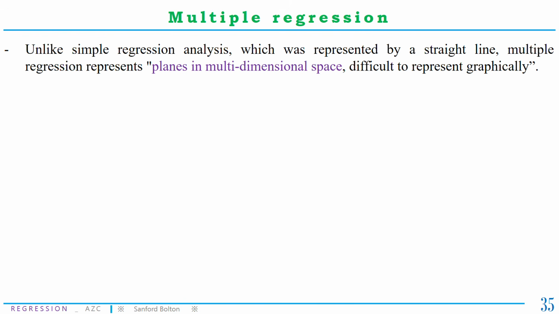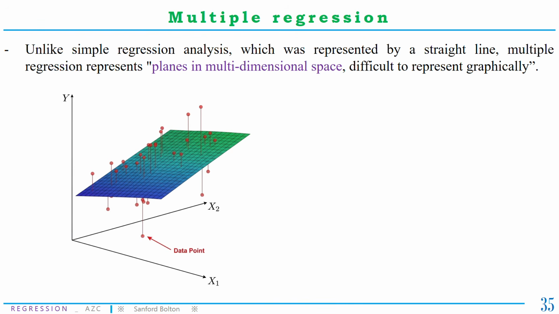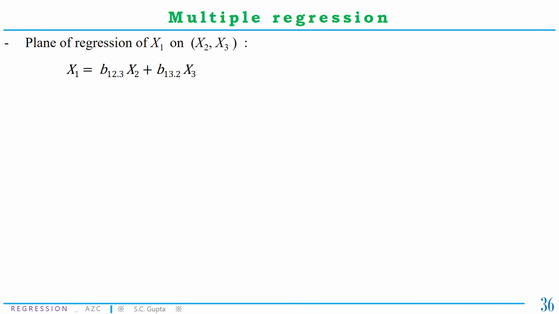Unlike simple regression analysis, which was represented by a straight line, multiple regression represents planes in multidimensional space, difficult to represent graphically. 4. The plane of regression of x1 on x2, x3.